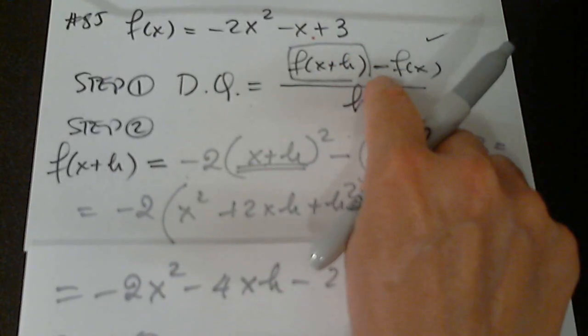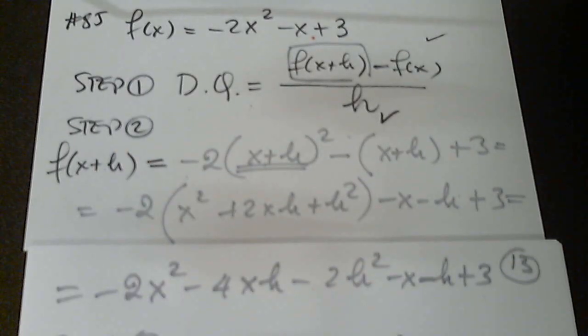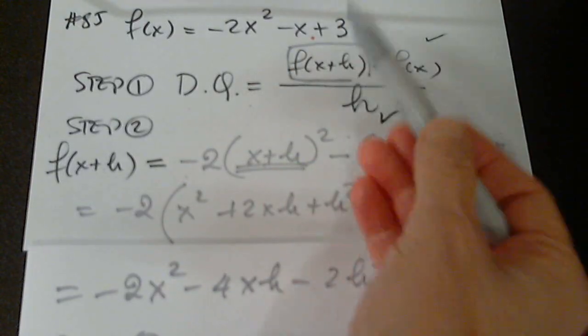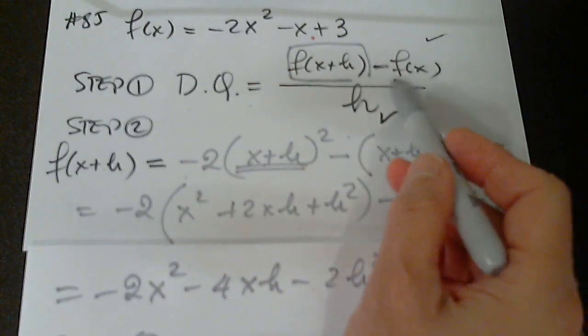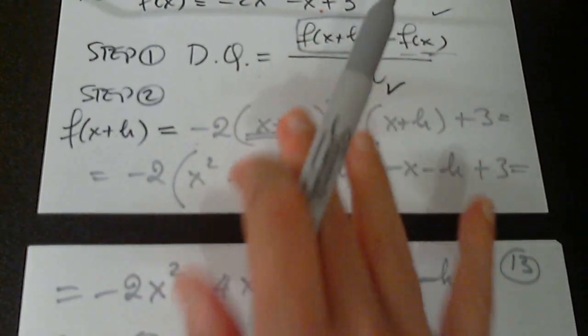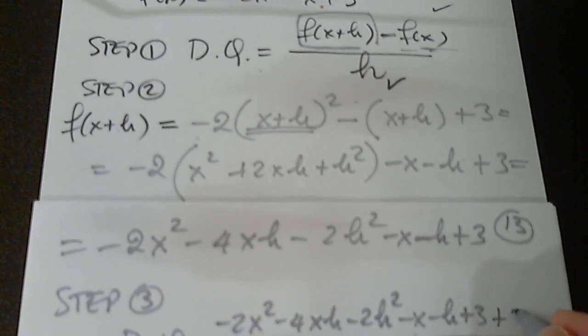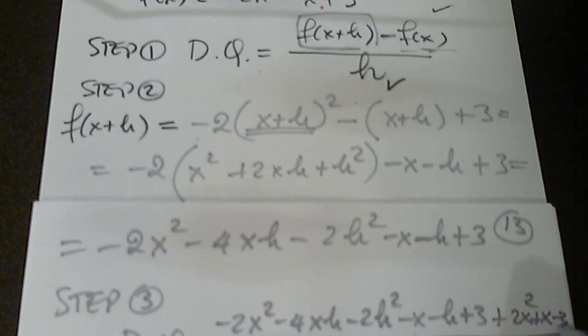Now I have the negative sign to be distributed to these three terms. Can anyone dictate? Negative 1 distributed to these three terms, because that's what I have. I have to continue with f of x. Positive 2x squared plus x minus 3.